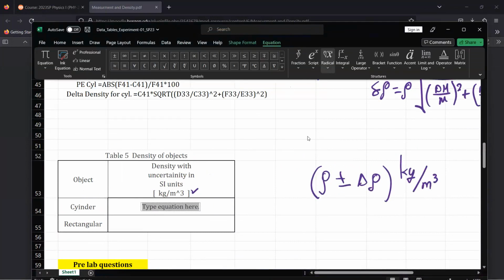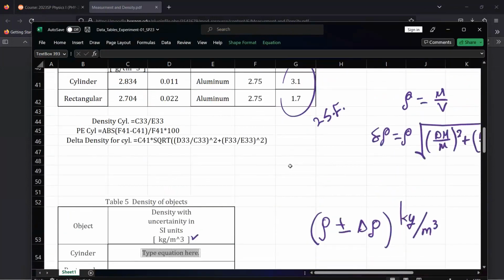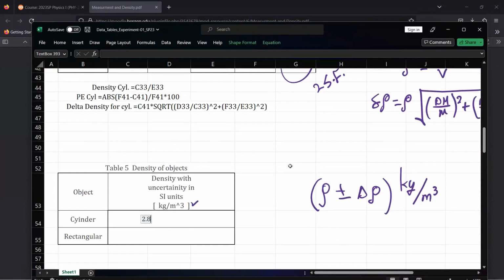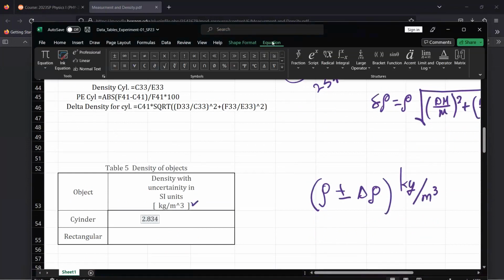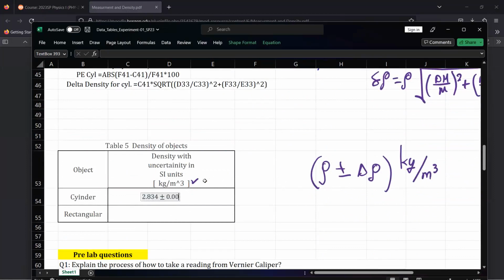We need the density of the cylinder, 2.834 plus or minus. You have to find that plus or minus tool from this equation toolbar. And the error of density we calculated is 0.011. That's it.